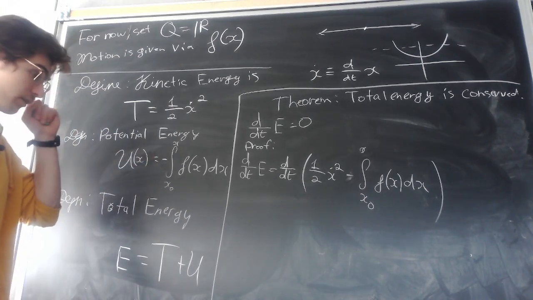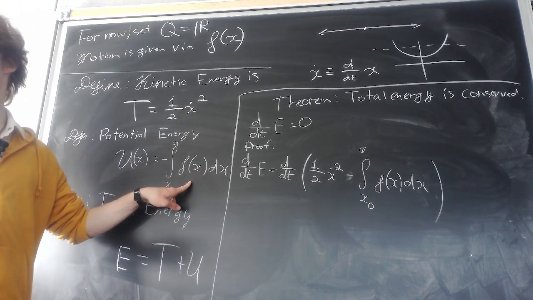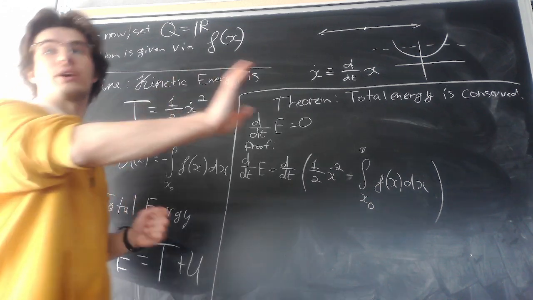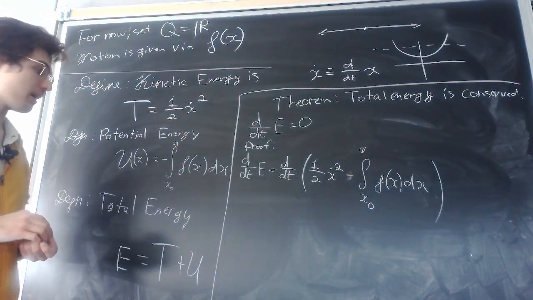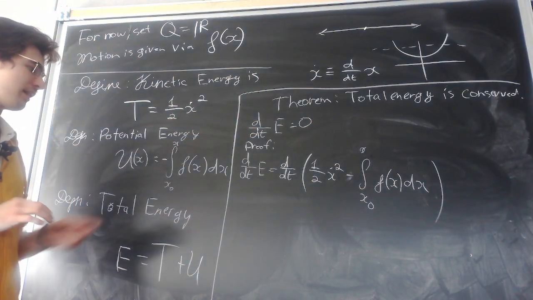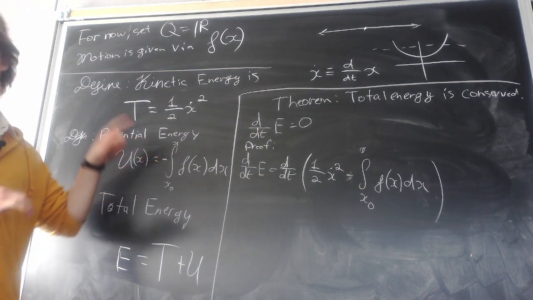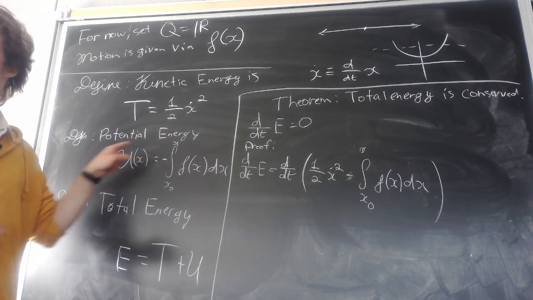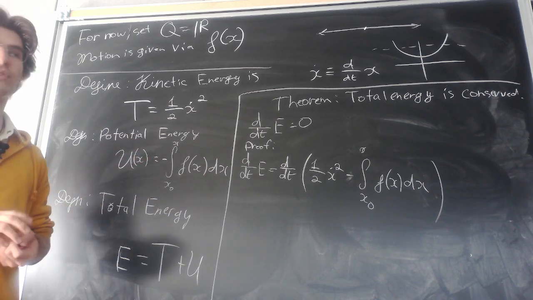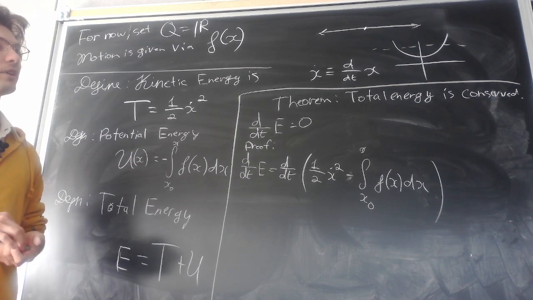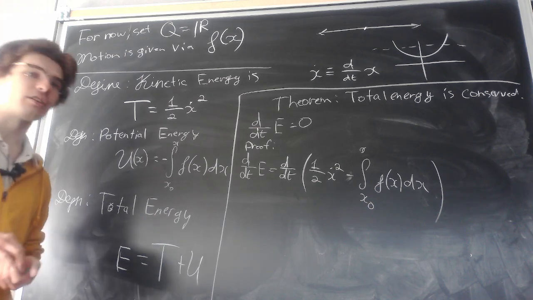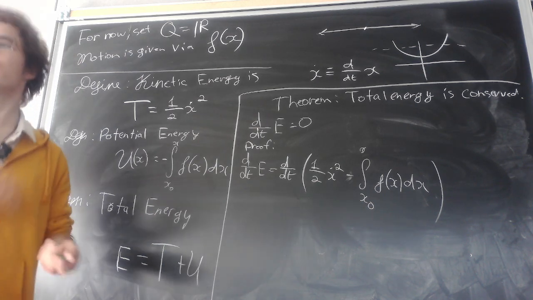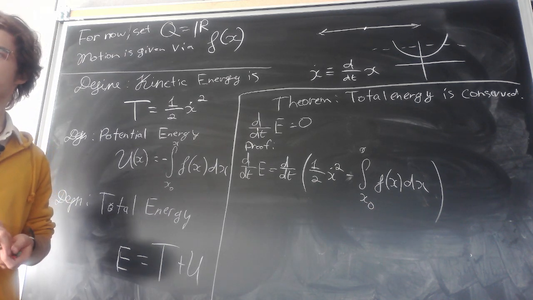But then suppose F was negative, so the force was pushing against me going in this direction. Do you agree? Well, then that means it should be difficult to go there. That means U is positive, right? So you want U to be higher for regions that require more effort to get to.